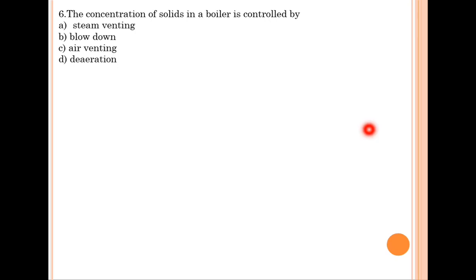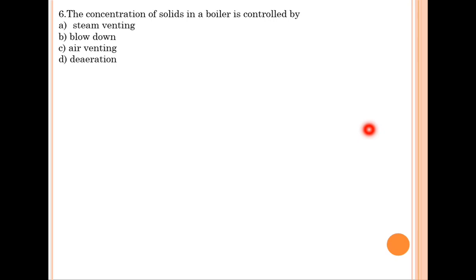The concentration of solids in a boiler is controlled by, you see, in boiler operation, whenever the concentration in the boiler drum or boiler water increases, the best thing we do is the continuous blowdown or intermittent blowdown.